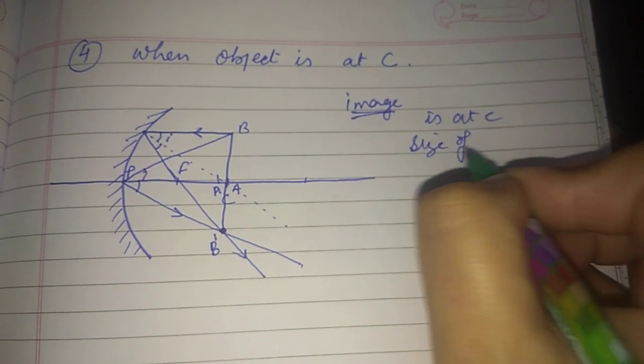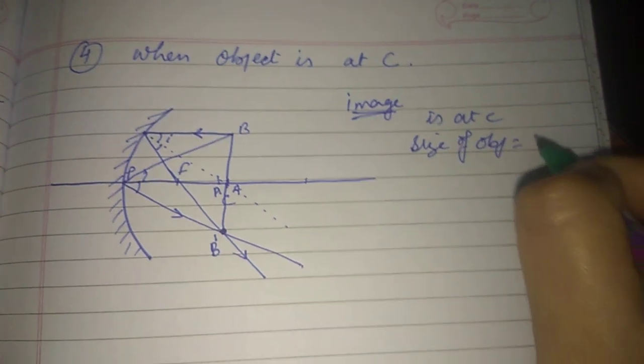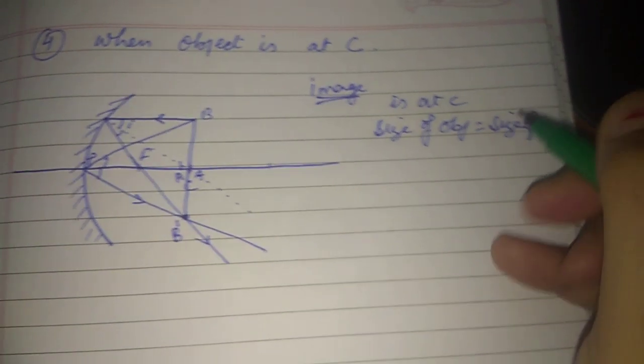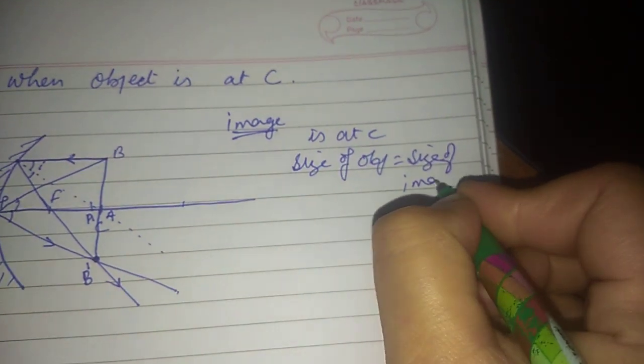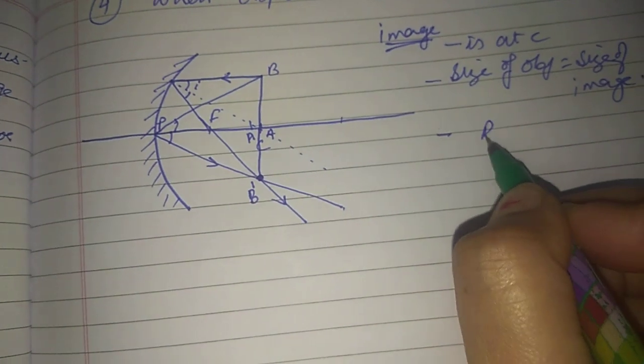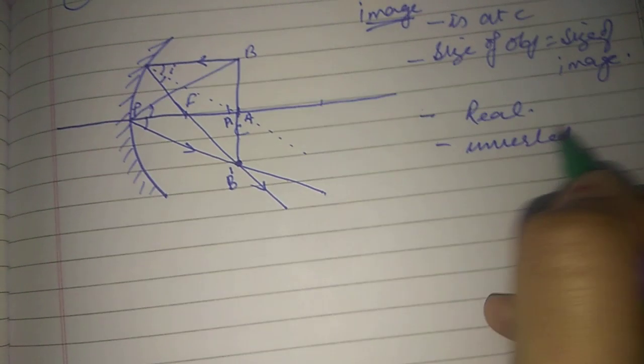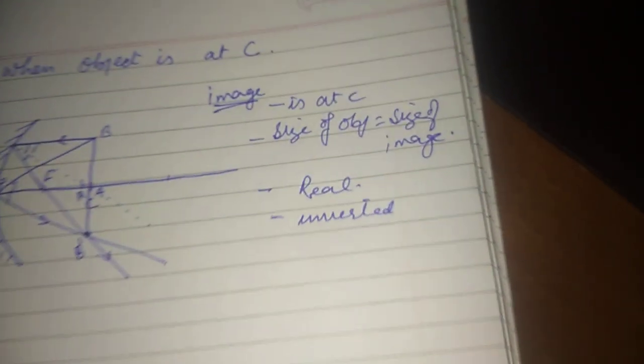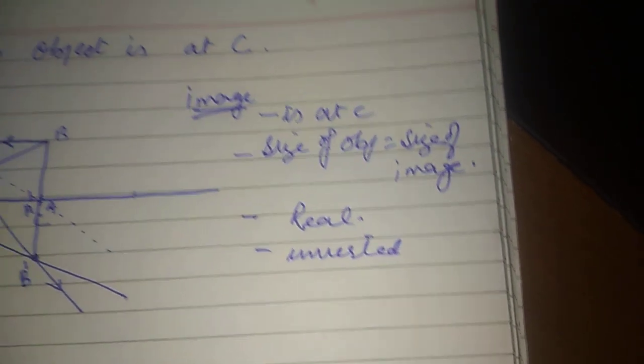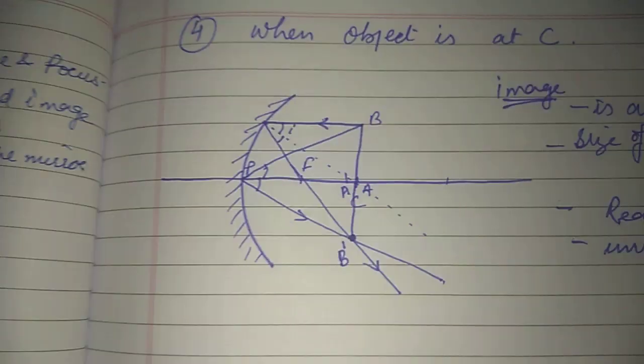Size of object is equal to size of image. And third property, you can see this is real and inverted. So these are the properties of the image formed when the object is at C.